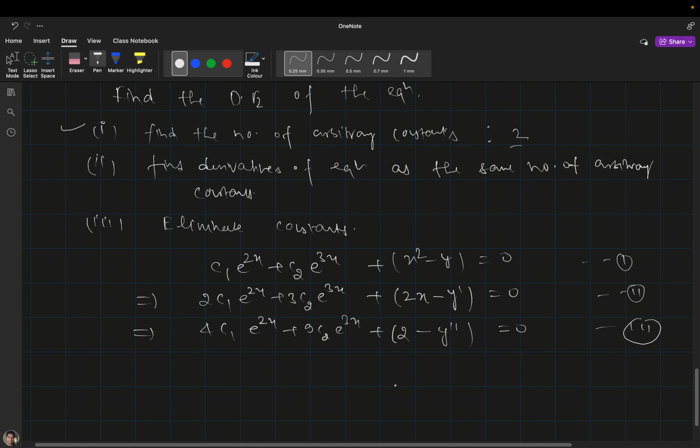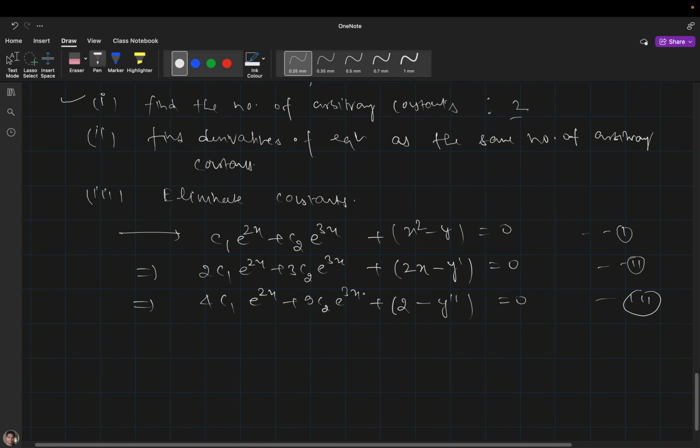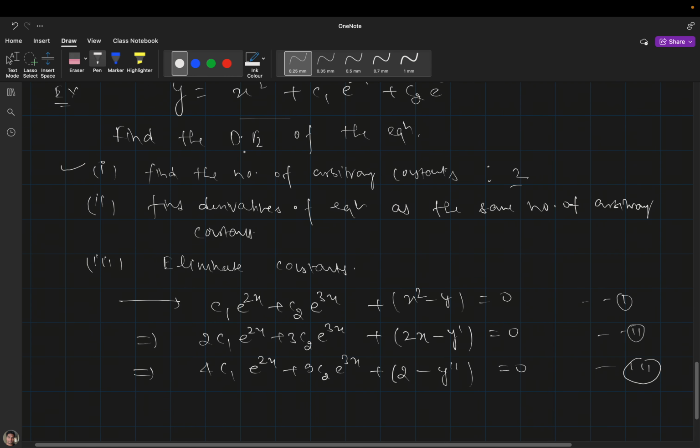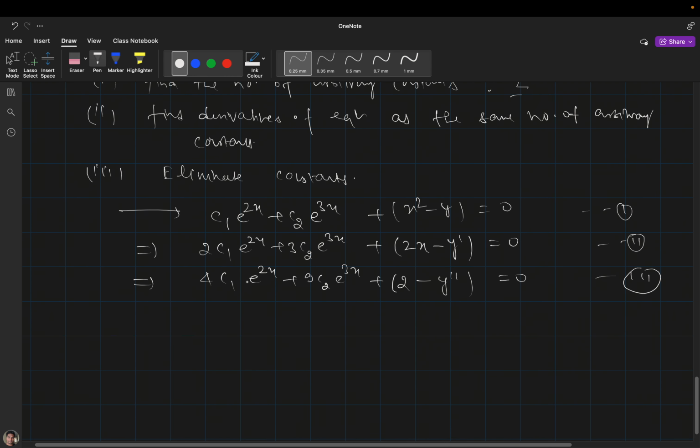Keep the first equation as it is, because after solving for c1 and c2 from any two equations, you have to substitute c1 and c2 in the third equation. Then the resulting equation will be the differential equation. So you can find c1 and c2 from any two of these three equations.